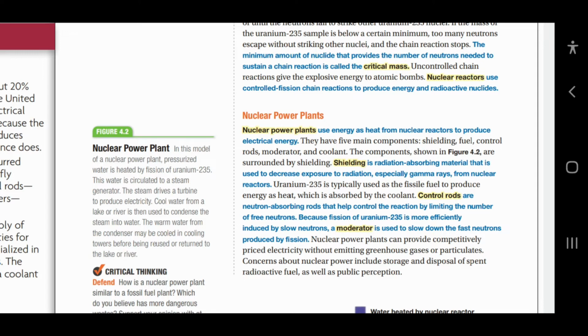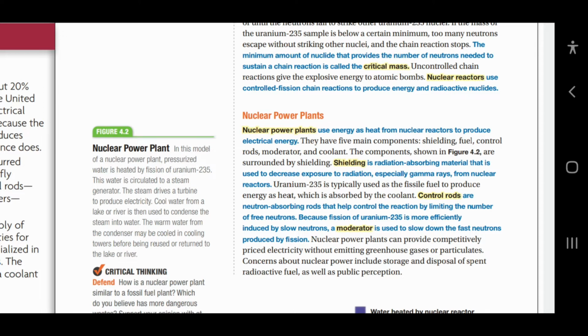In these nuclear plants, we have 5 main components, which are shielding, fuel, control rods, moderators, and coolant. The shielding is a radiation absorbing material that is used to decrease exposure to radiation, especially gamma rays, from a nuclear reactor.